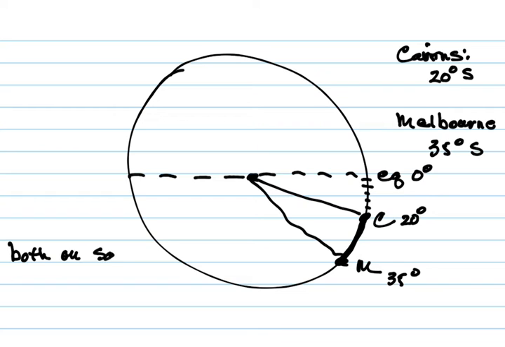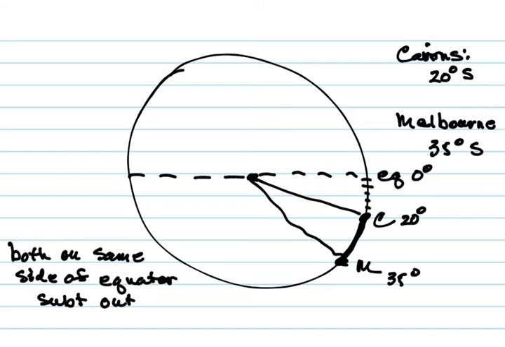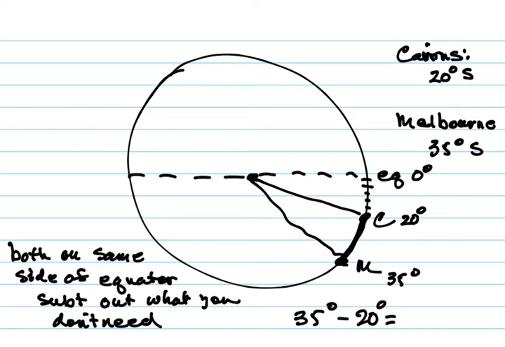So if they're both on the same side of the equator, subtract out what you don't need. In this case, 35 degrees minus 20 degrees tells me that the distance between them, this part, is 15 degrees.